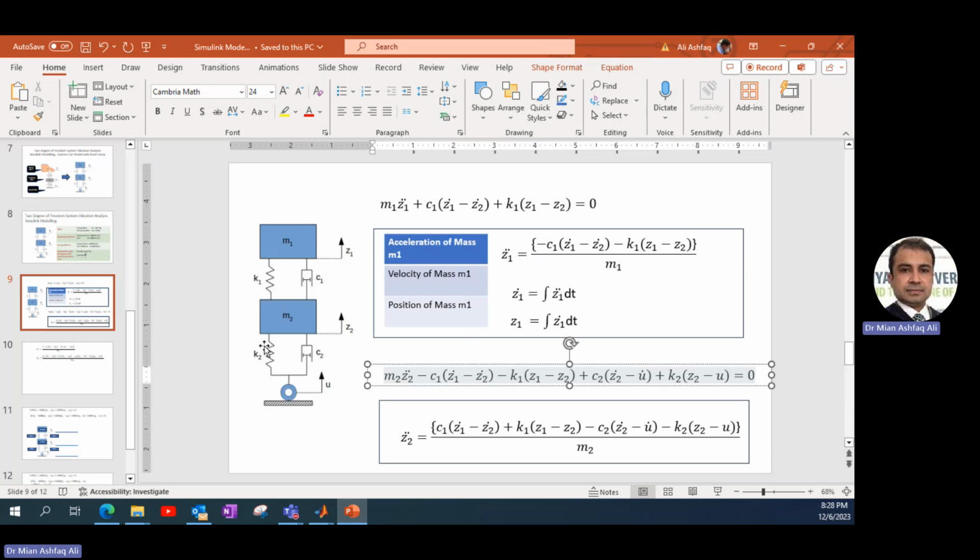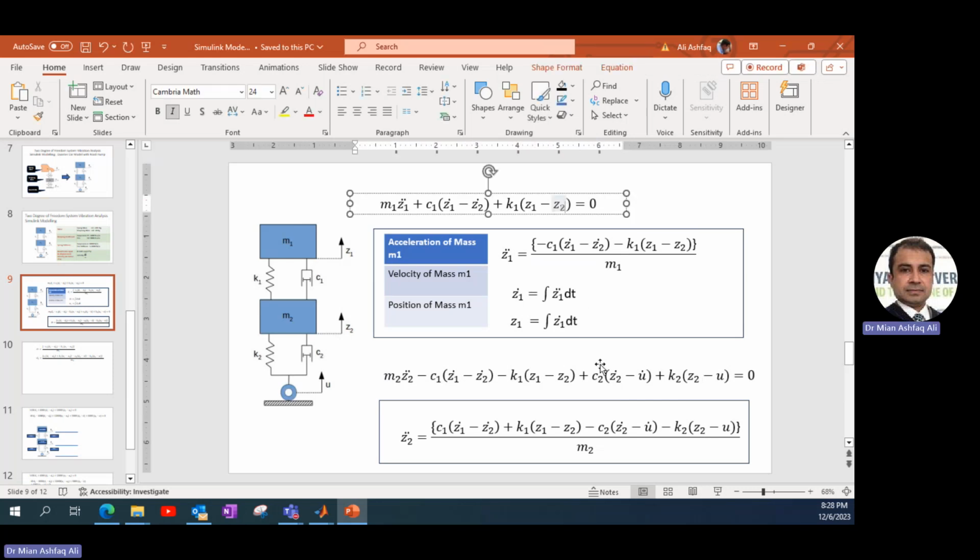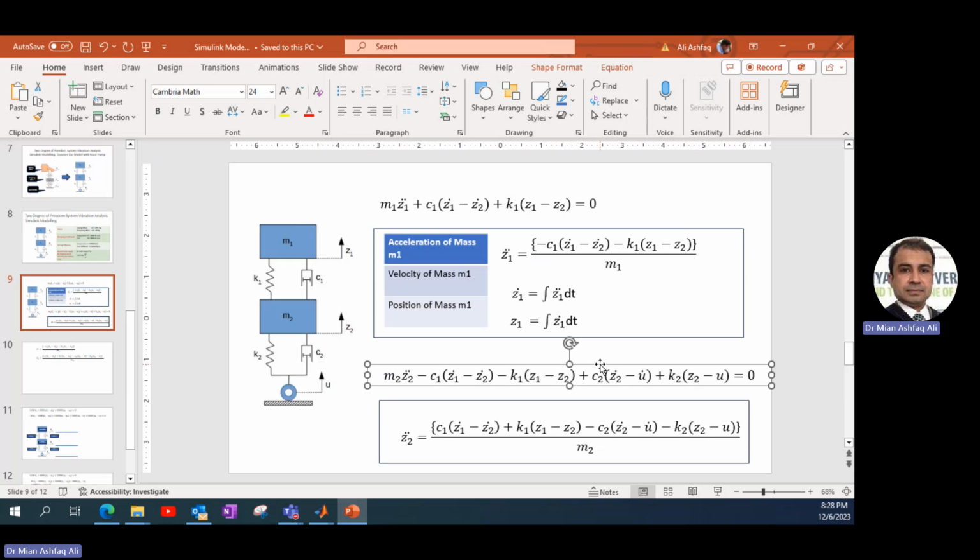Other than those two, we also have C2 and K2. For C2, the relative velocity is Z2 dot minus U, and similarly for K2, it's Z2 minus U. Those two are the original equations.